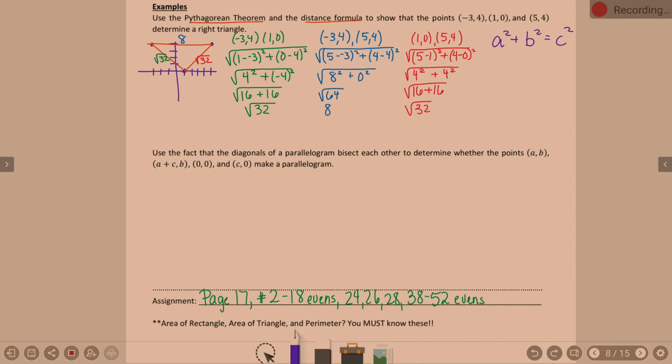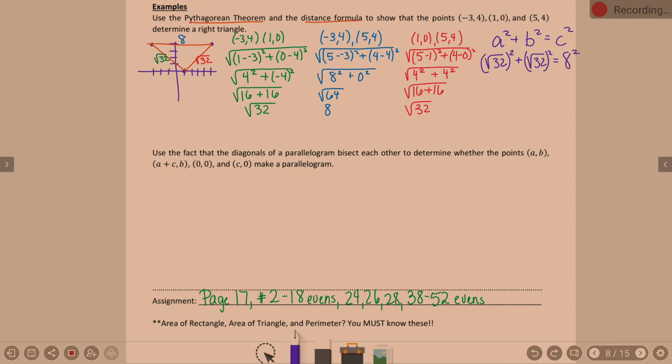Leg squared plus leg squared equals hypotenuse squared. What are my 2 legs? Square root of 32. The square root of 32 is less than the square root of 36, so it's something less than 6. So I know those are the 2 shorter sides. So I'm going to do square root of 32 squared plus square root of 32 squared equals 8 squared.